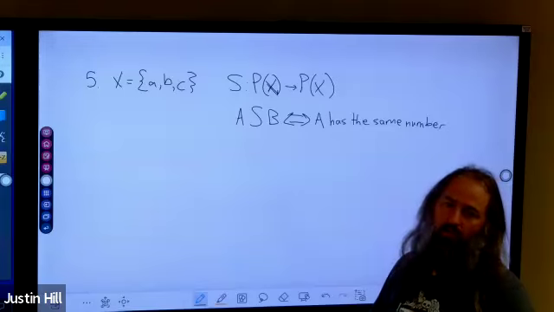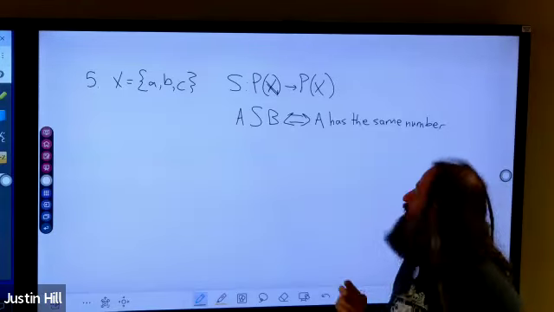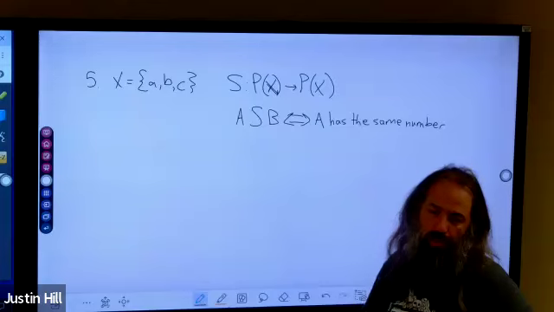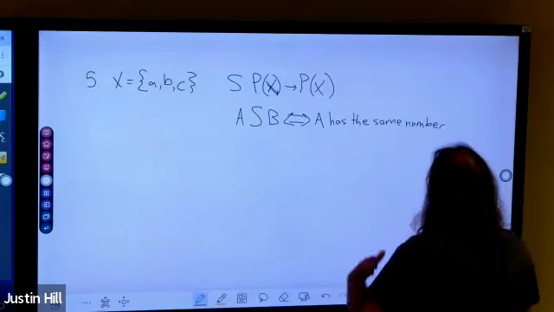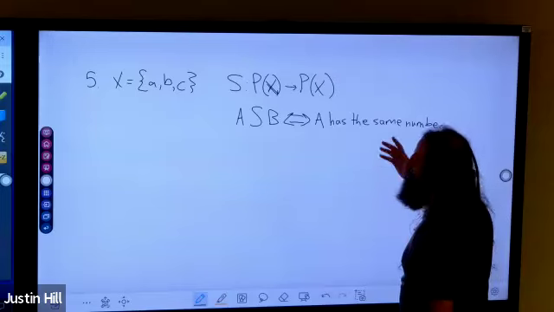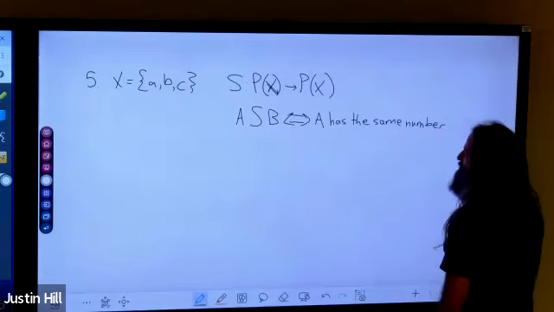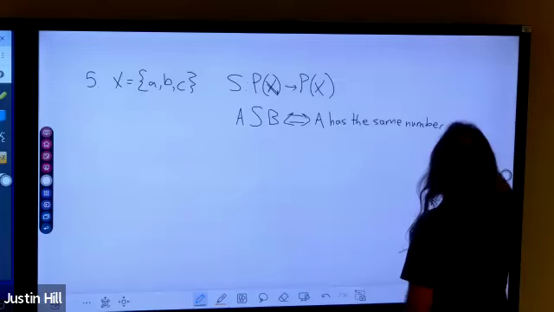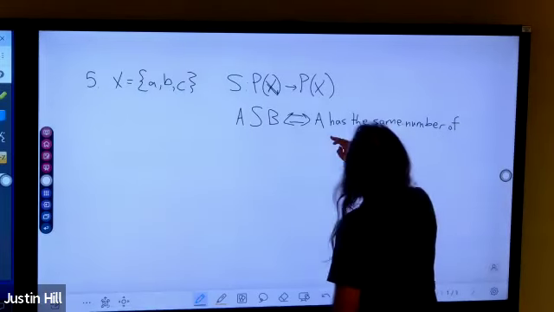They call it cardinality. If that sounds like a weird word, then all we're really trying to say is A has the same number of elements as B.